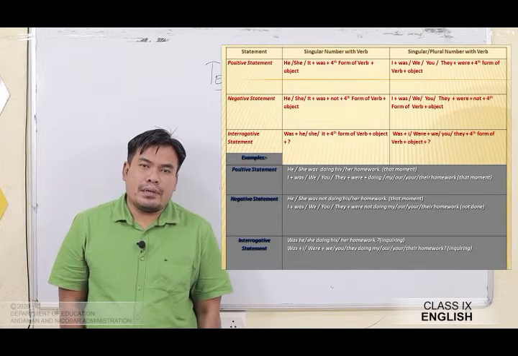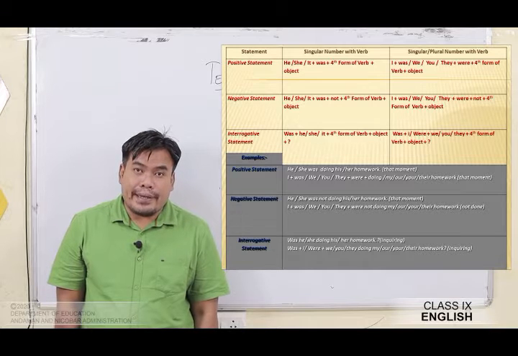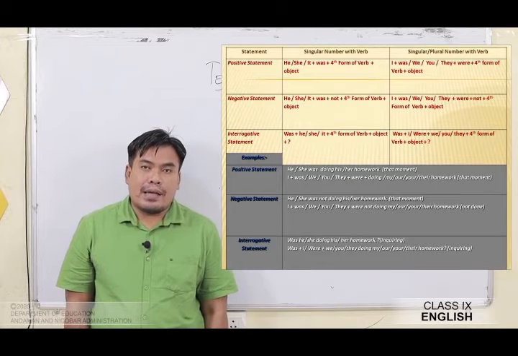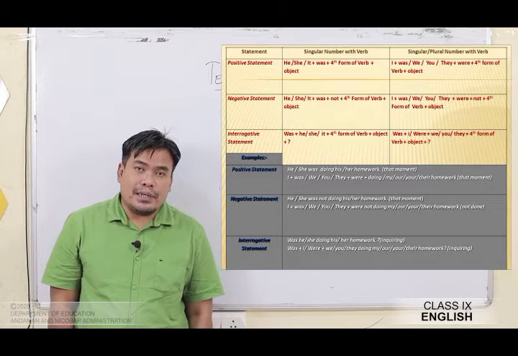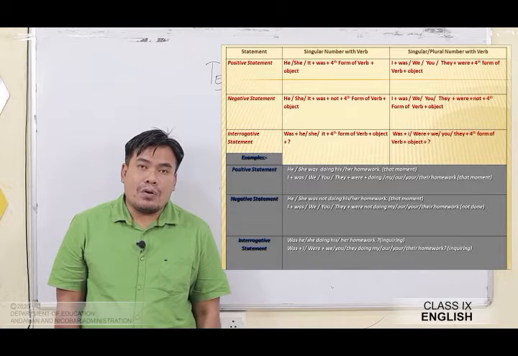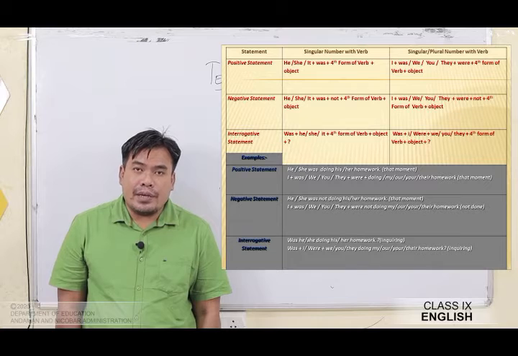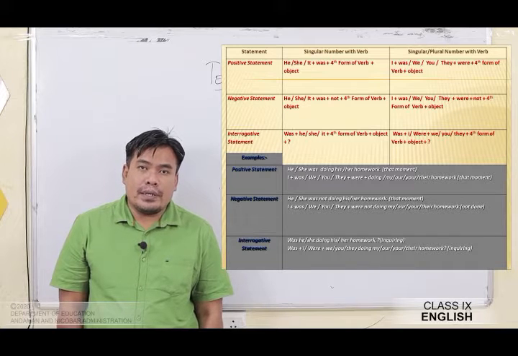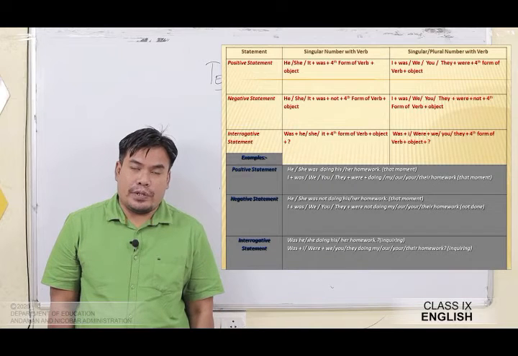Interrogative statement: was plus I, was I. Was will usually be asked along with the singular I, and were will be along with we, you, they. Was with I, were with we, you, they, and plus the fourth form of verb will be used over there.